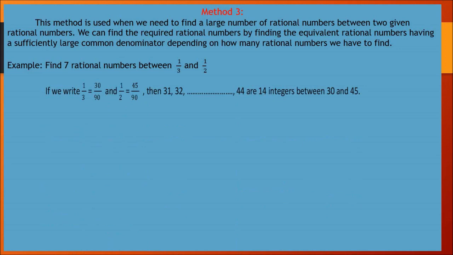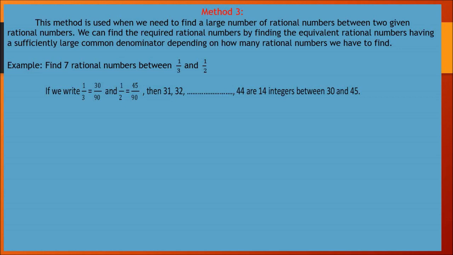Here the denominators of the two given rational numbers are 3 and 2, and to make a common denominator we need to take the LCM, as we know. The LCM of 3 and 2 is 6, but when we need to find many rational numbers, we have to take a sufficiently large common denominator.